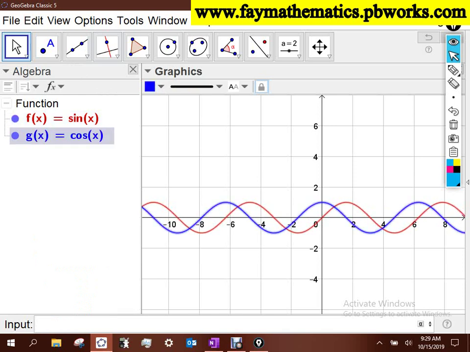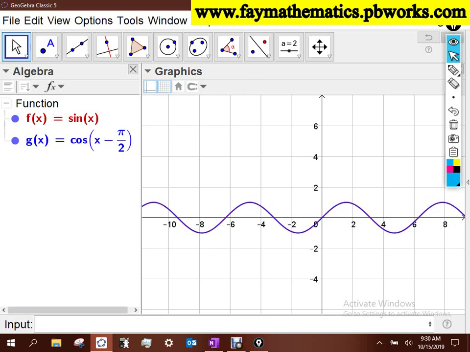Okay, now just to prove to you how important this stuff is, I'm going to take this cosine function and subtract 90 degrees from it. Okay? And when I subtract 90 degrees from it, it puts it right on top of the other one, right? Yeah. So maybe we can see it a little bit better if I do it this way.